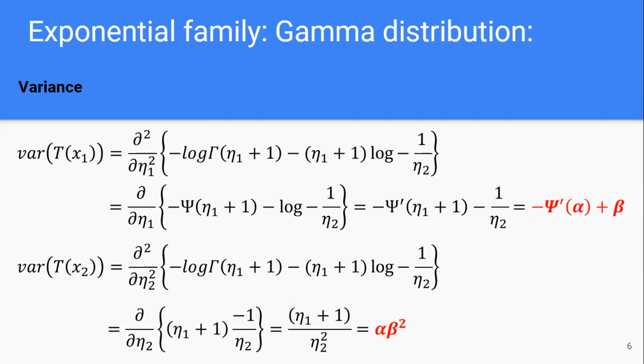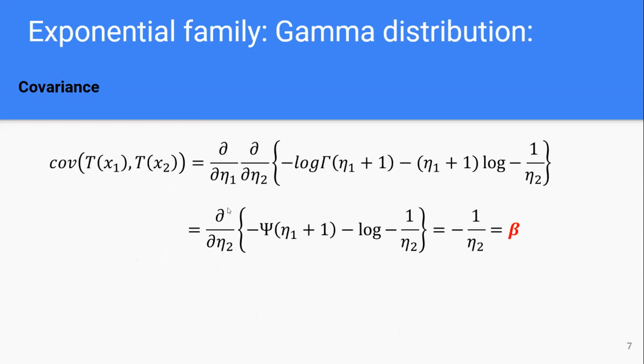And here we have the results, the variance. And finally, for the covariance, we have this log partition in canonical form, but with the derivatives for the eta 1 and eta 2. And here is the result of the covariance. This is for the gamma distribution.